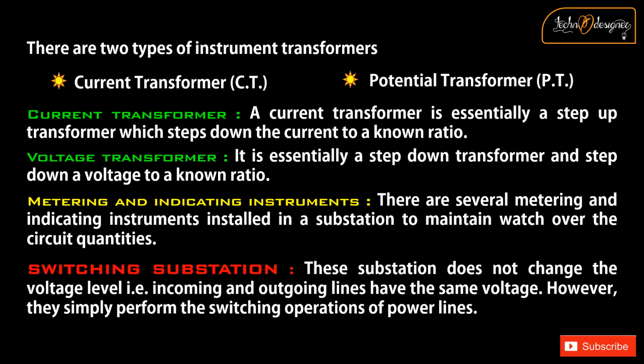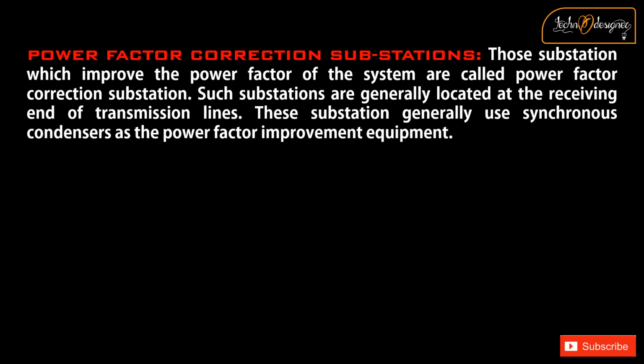Switching substation. These substations do not change the voltage level, that is, incoming and outgoing lines have the same voltage. They simply perform the switching operations of power lines. Power factor correction substations.